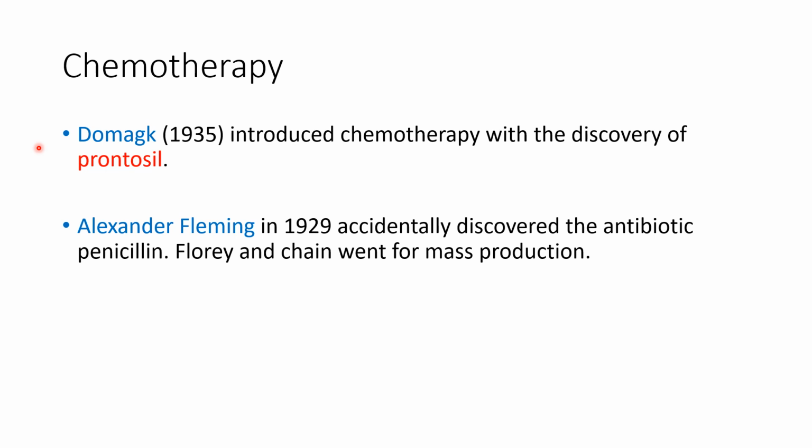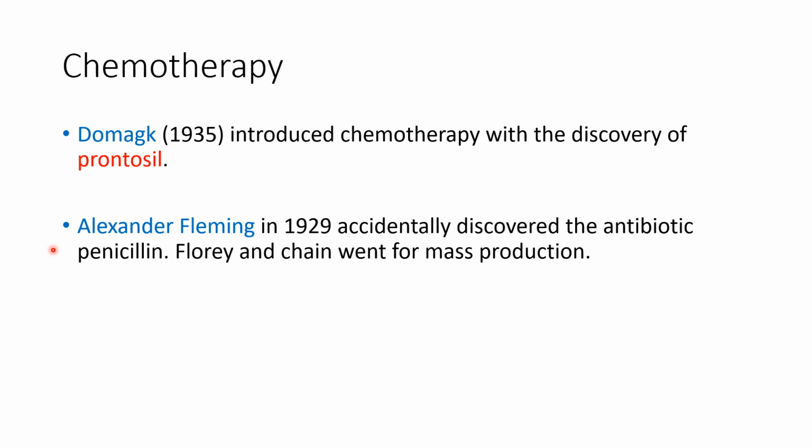It has antibacterial effects against mainly gram-positive cocci. And even before that, Alexander Fleming accidentally discovered the antibiotic penicillin. This was a drug taken from one microorganism that can act against another microorganism. Penicillin has been taken from a fungus to act against bacteria, right?